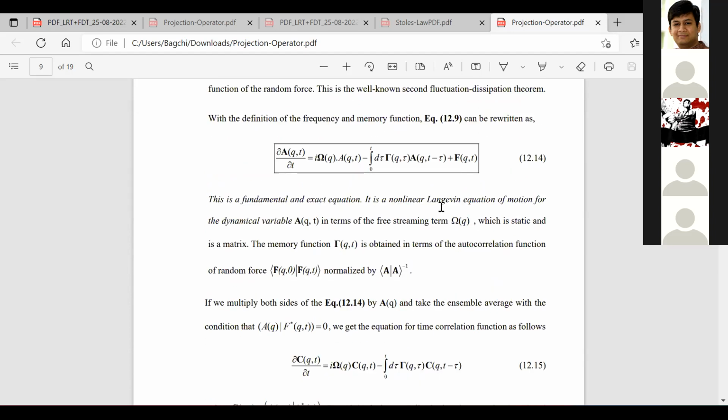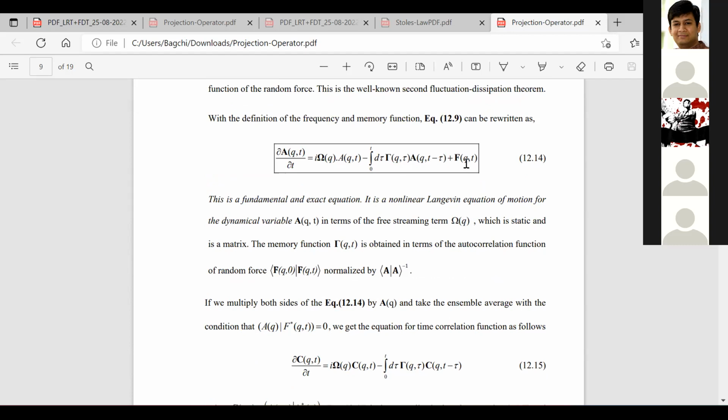Now, this 12.14 is the exact equation of A in terms of the dynamics in its own space, which is i omega Q, and the dynamics in the orthogonal space, which is the second term in the Langevin equation.